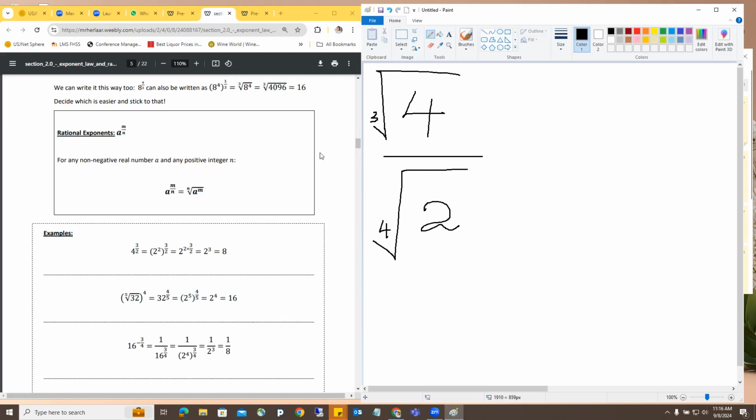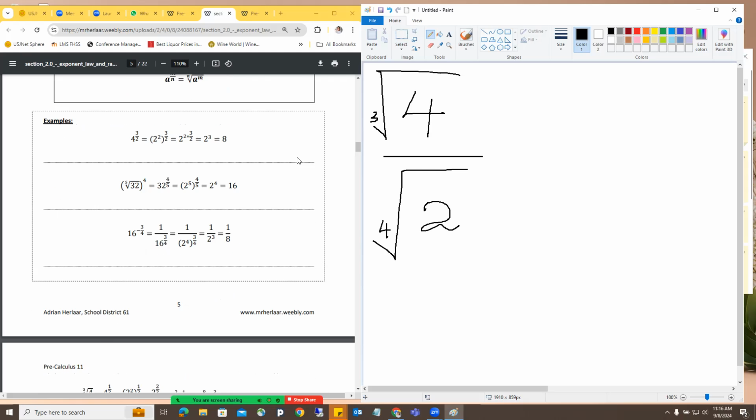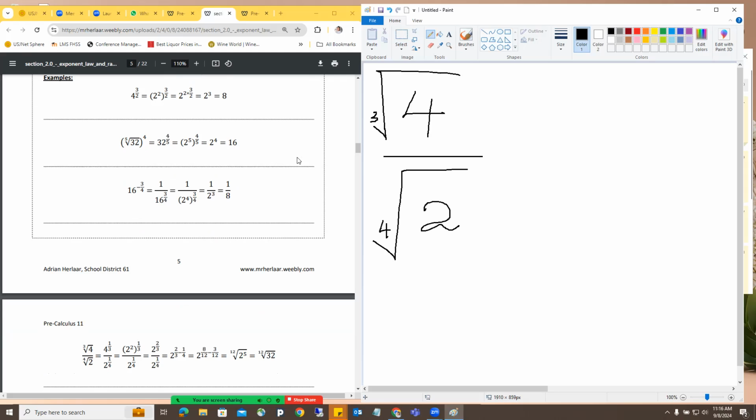Got 2 to the power of 5? The final answer? Yes, 2 to the power of 5 over 12, the fraction.